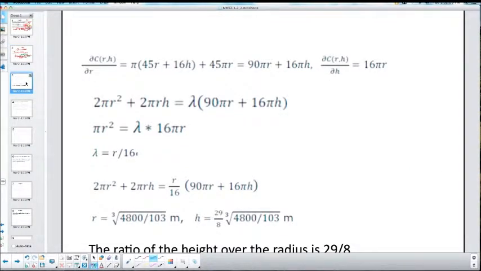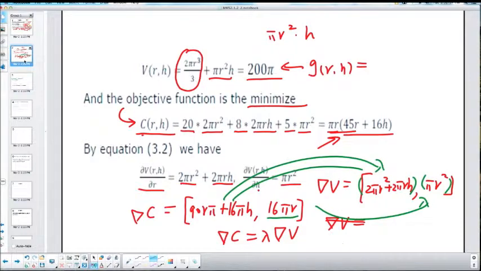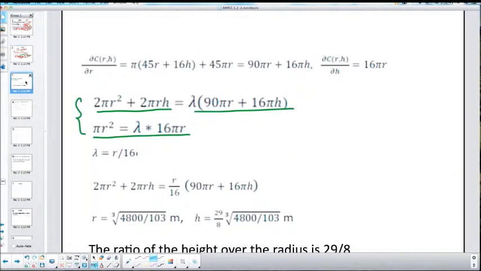So we already got the two equations. These are the two equations from the Lagrange method. Check it one more time. See, 16 pi r equals lambda times pi r squared. It's right here. Or we can do it another way.